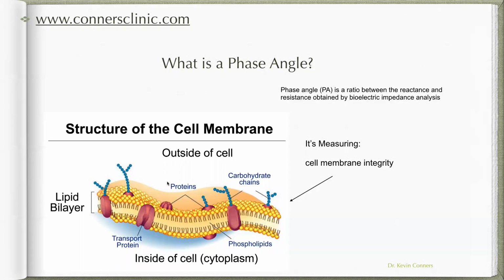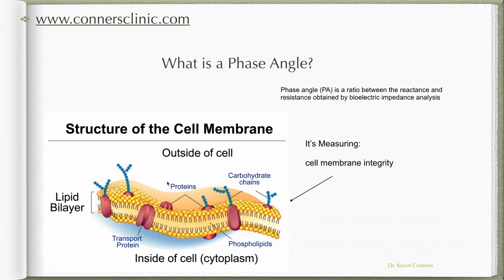Then the machine puts a little teeny electrical impulse in, and it measures the resistance across the cell membranes as that electrical impulse travels through the body. That resistance across the cell membrane is put into a mathematical calculation that tells us what's called the phase angle, and it's really measuring the cell membrane integrity.